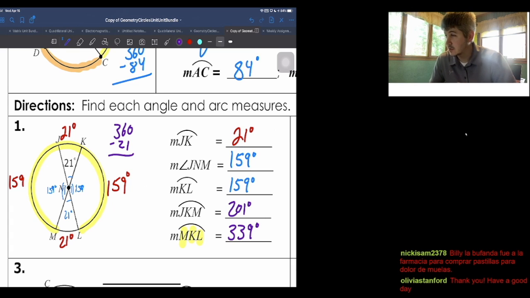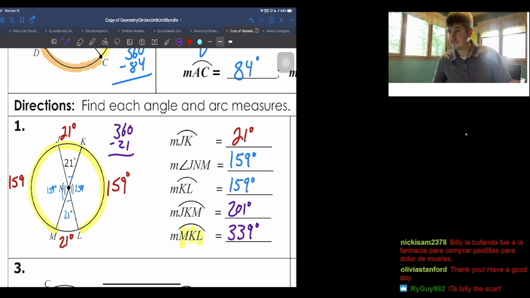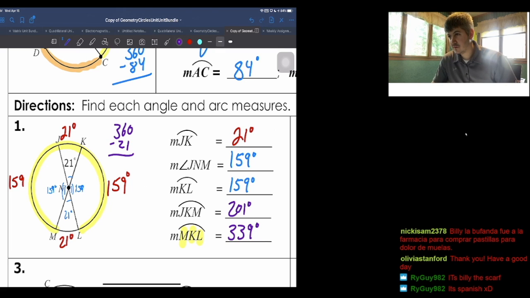That's not English, and I don't even know if that's Spanish. I think it is. Have a nice day, Olivia. Who's Billy the Scarf? Something about buying something at a pharmacy?